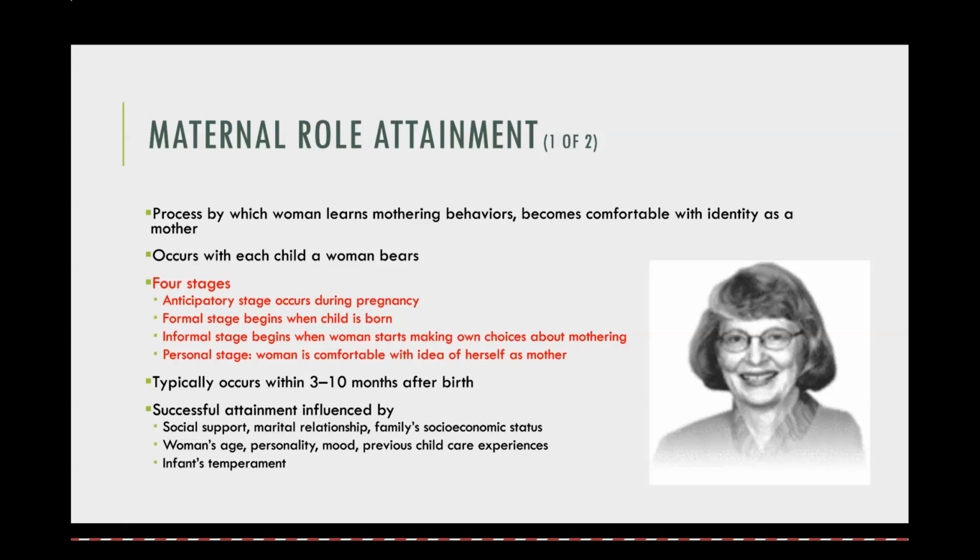In the formal stage, this happens when the child is born, and it is influenced by other people. So the mom's actions are guided by what other people expect of her. So for example, if she's a breastfeeding mom and her grandmother comes in and says, oh, that baby is not getting enough to eat, it's hungry, he's crying, he's sucking on his fingers, you need to feed that baby, that milk is too thin, we need to use some rice cereal.